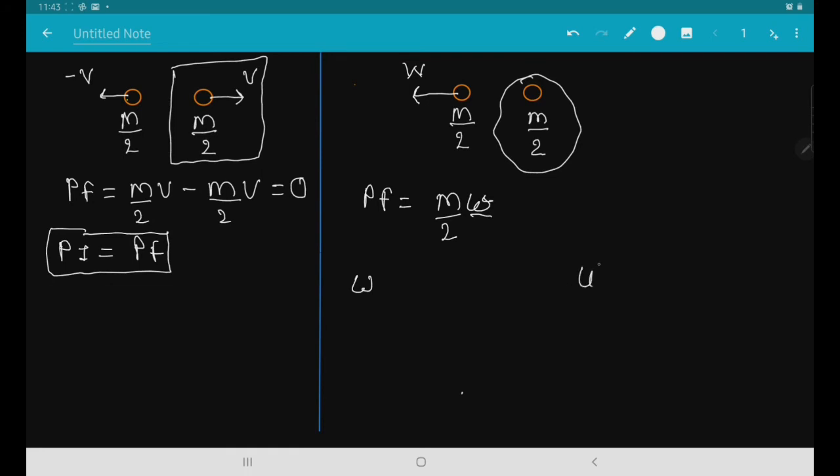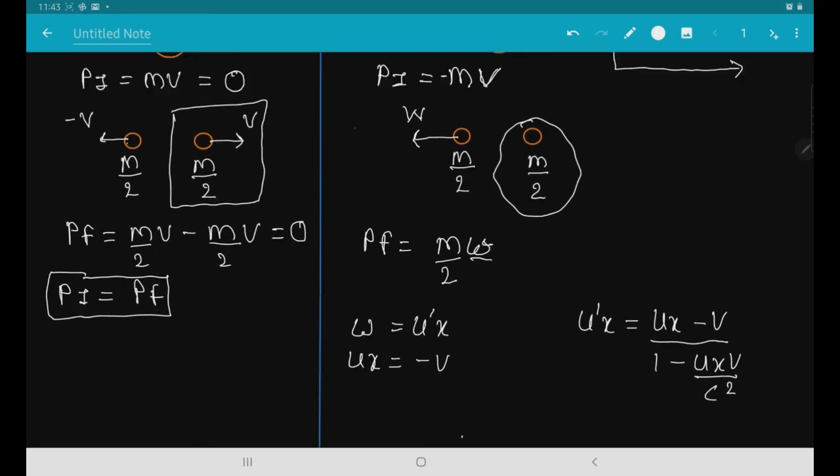Now, we will find this w using the Lorentz transformation equations. As you remember, u dash x, that is the velocity in the moving frame of reference, is equal to ux minus v divided by 1 minus uxv divided by c square. Here w is our u dash x, and ux is minus v. As you can see in this example, in the stationary frame of reference, this same mass is moving towards the left, therefore it is minus v.